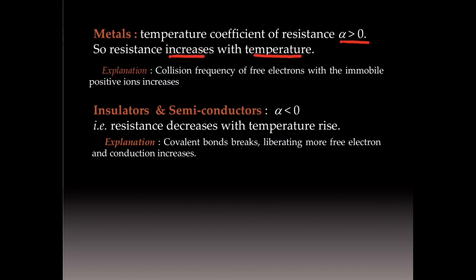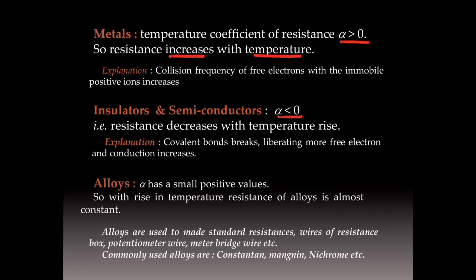For insulators and semiconductors, alpha is negative, so due to increase in temperature the resistance of a substance will decrease because more bonds will break and more electrons will move and increase the conduction.